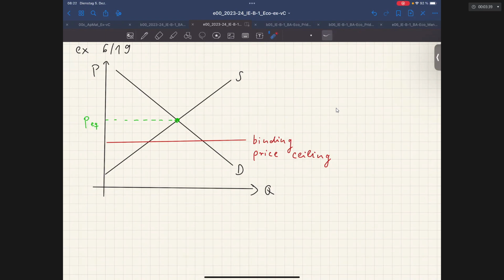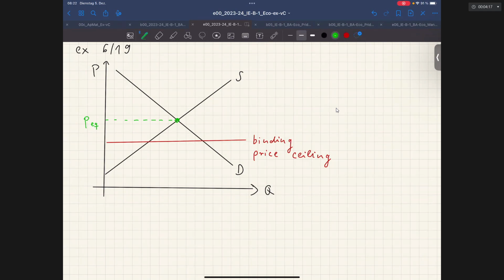Who wants to inform us about the question where the shortage can be found within the graph? Where can the shortage be found? Please help me. On the left side, where the demand is higher than the supply, that is. Where demand is higher than supply. Yeah, in between the demand curve and the supply curve quantity-wise, okay?